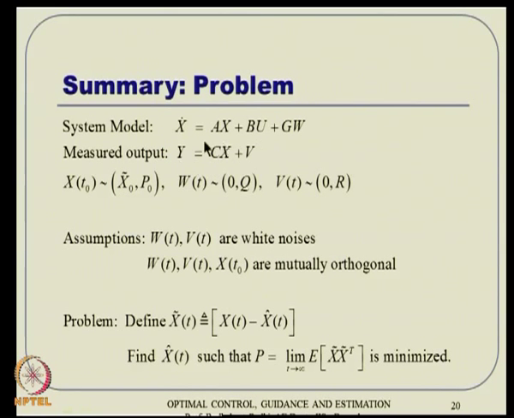These are characterized by their mean values and covariance matrices. For the initial condition, the mean value is x tilde and P naught, and w is (0, Q) and v is (0, R). Assumptions here are that these two noises are white noise, and that w, v and also x naught are mutually orthogonal.